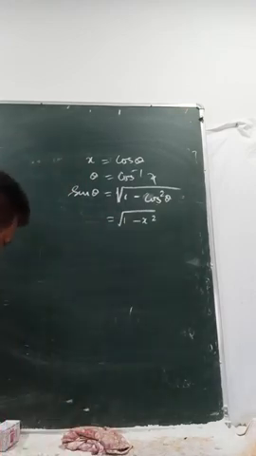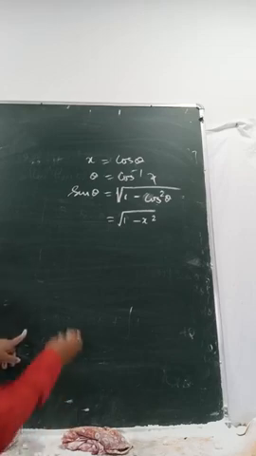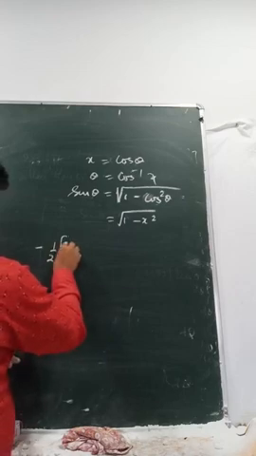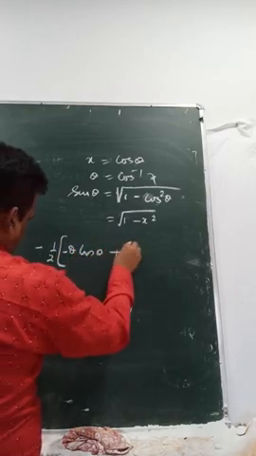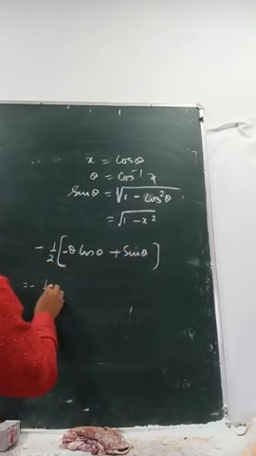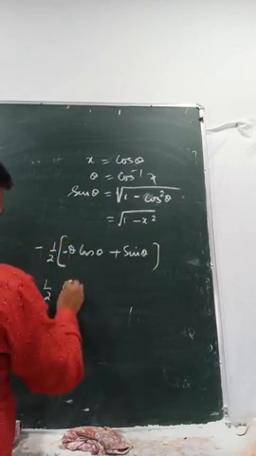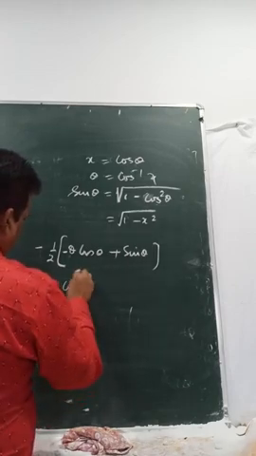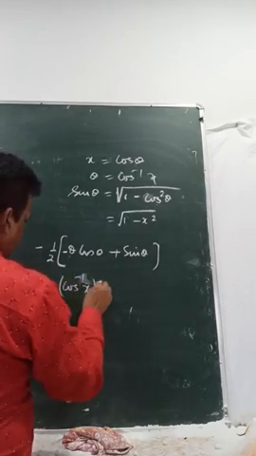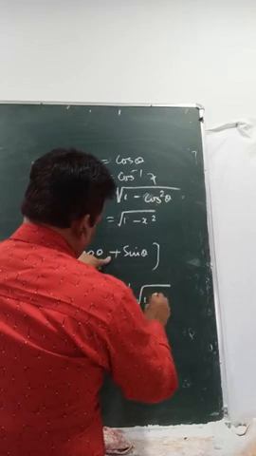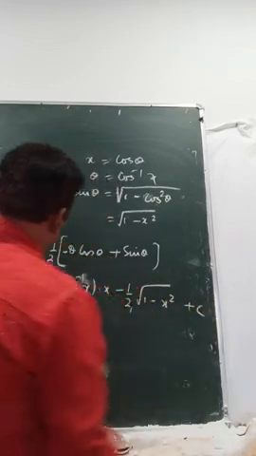So what was the part here? I forgot. I think it is minus half outside, minus theta cos theta plus sin theta. Check it. So minus half, theta I can write cos inverse x. So let me multiply, plus cos inverse x into x, then minus half root over 1 minus x square plus 1.